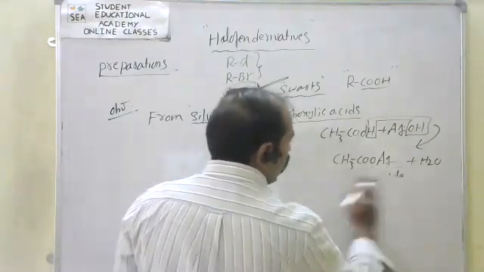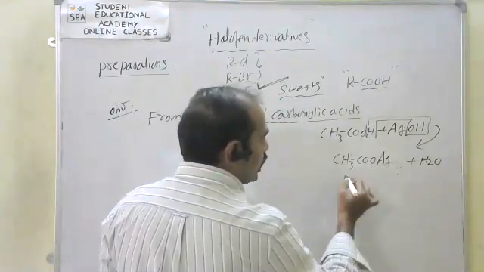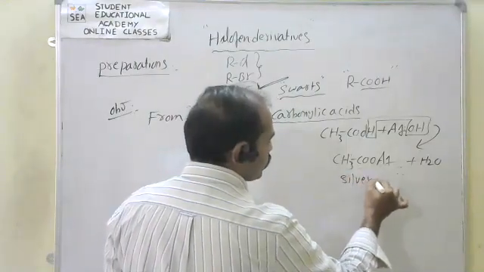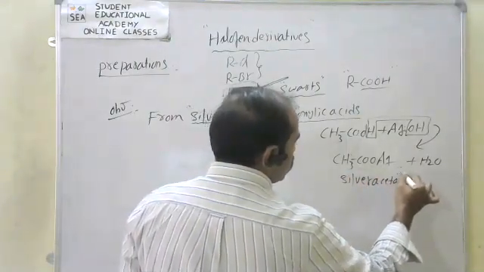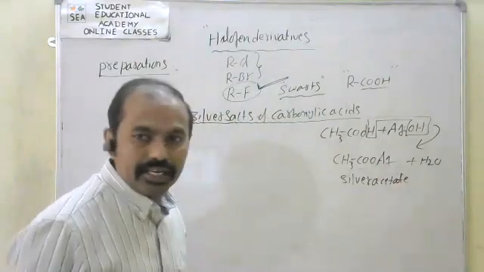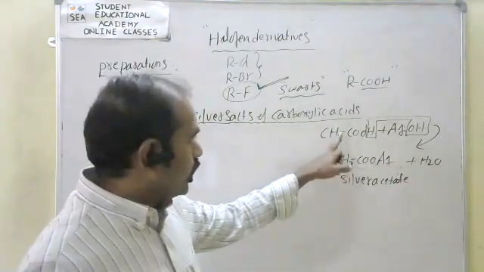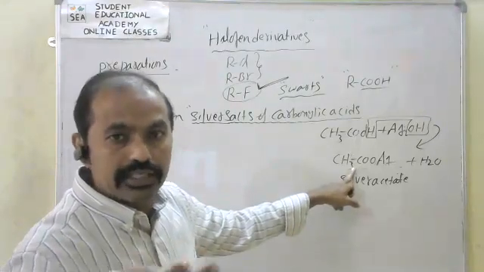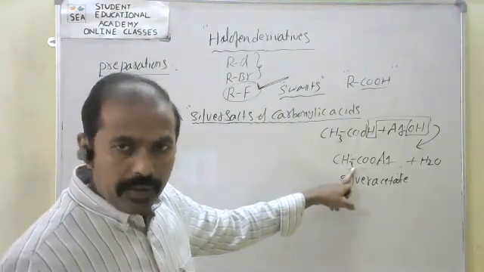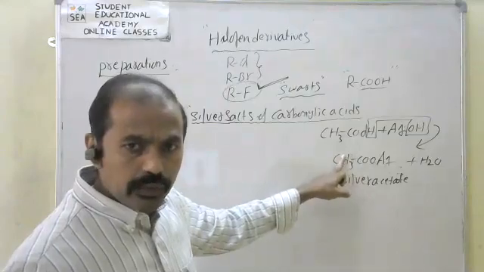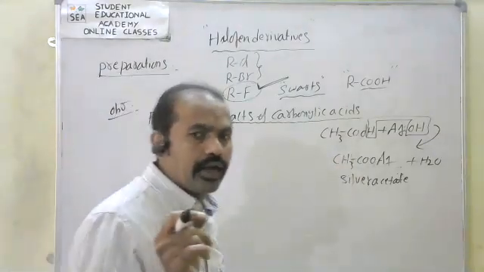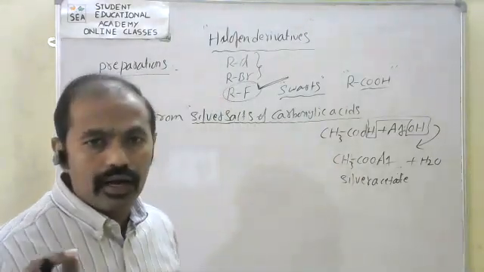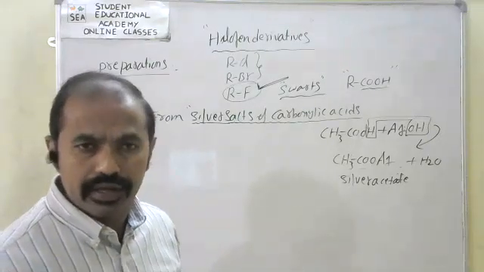So this is called silver acetate, the acetic acid salt. By using these salts, we prepare alkyl chlorides and alkyl bromides, particularly.